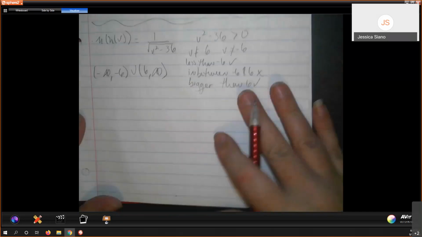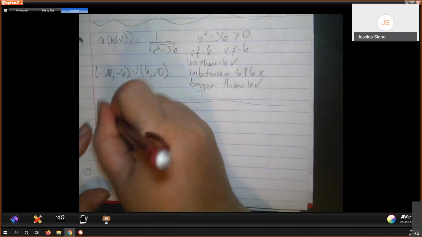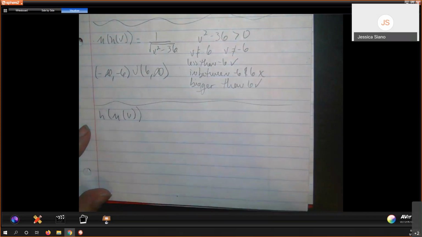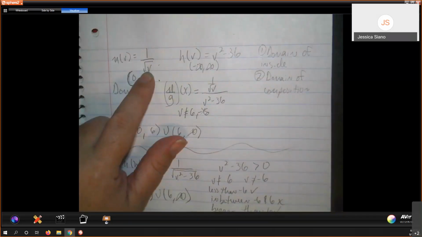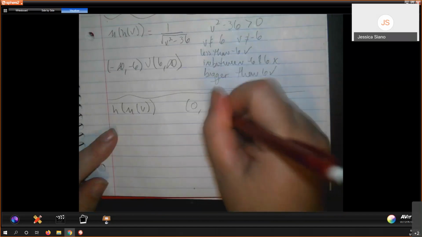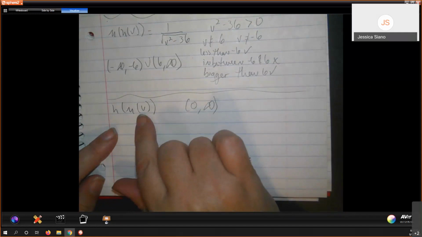Okay. So then the last kind here was when they did h of m of v. And so then we worry about the domain of the inside first. So we already know that we have a domain restriction of all the positives. Now let's do the composition. So I'm going to take this and plug it into h.